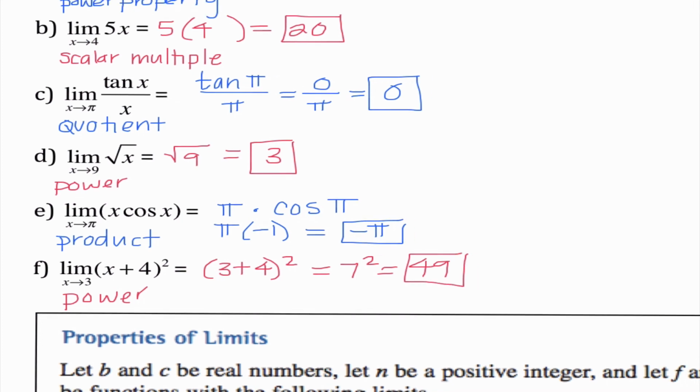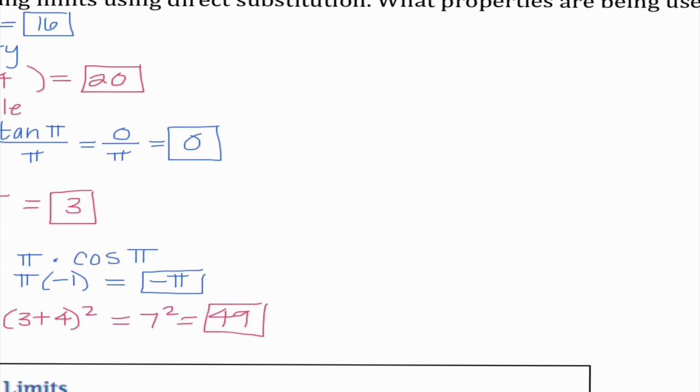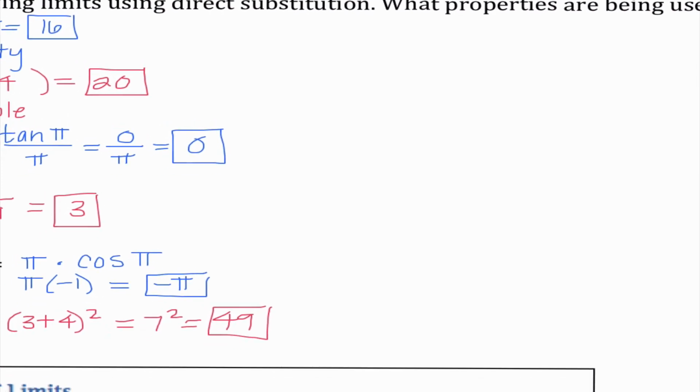Now, this was probably, for you guys, the easiest part of the day. Now, when it becomes tough is going to be next time when I use direct substitution and I get something like 0 over 0. We call this indeterminate form.